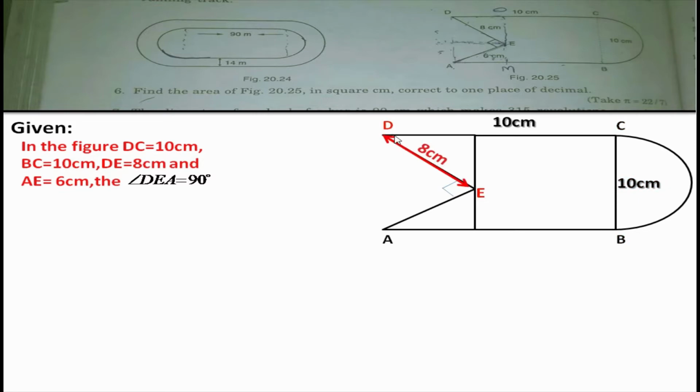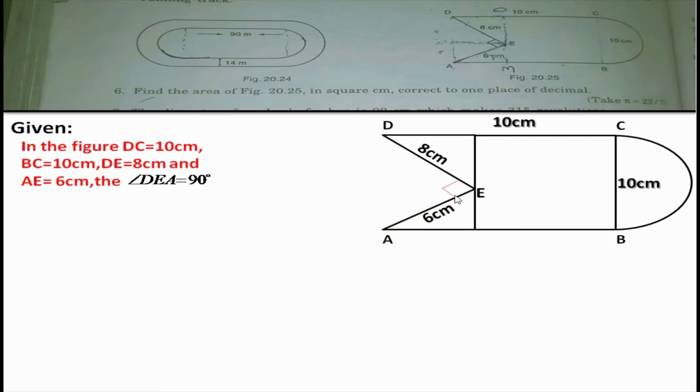DE is equal to 8 centimeter. You will see this DE, this in red color, is 8 centimeter. And AE is 6 centimeter. We know the length of DC, we know the length of BC, we know DE, we know AE.